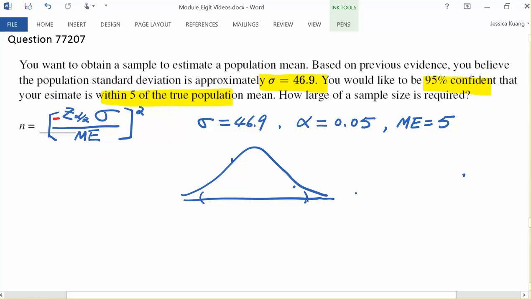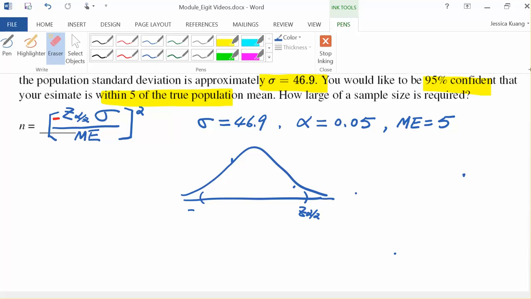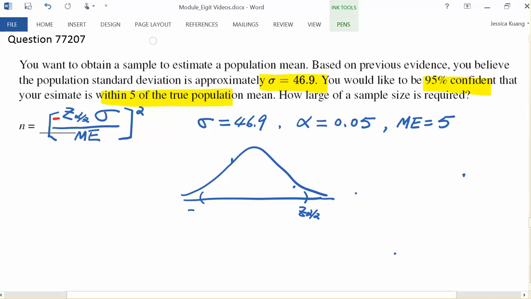Remember, the bell-shaped distribution is symmetrical with respect to the mean. And this is my Z alpha over 2, and this is my negative Z alpha over 2. One is the negation of the other.